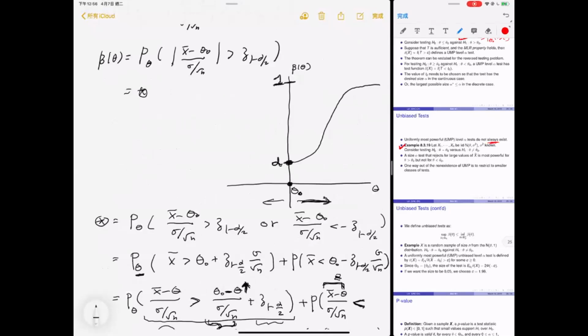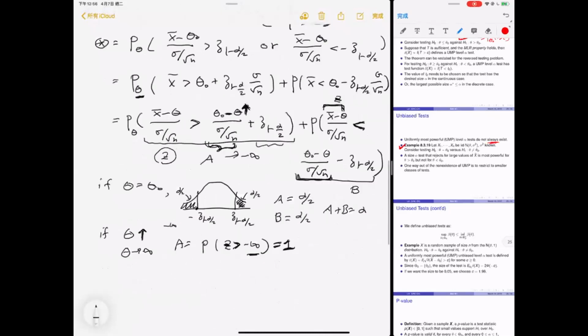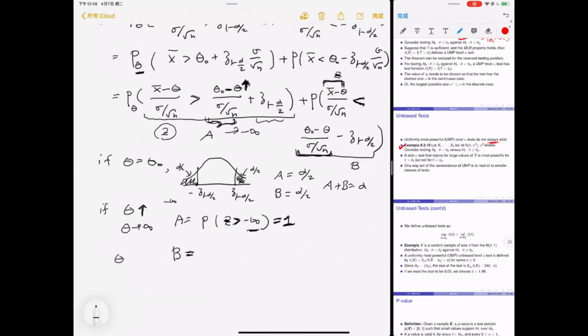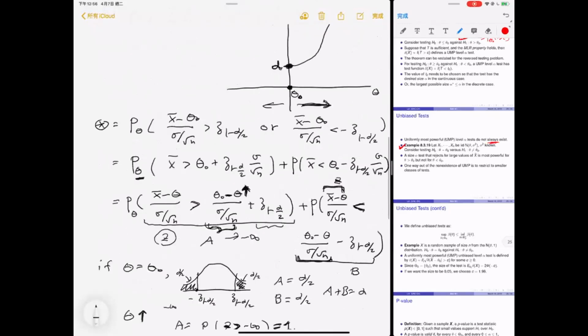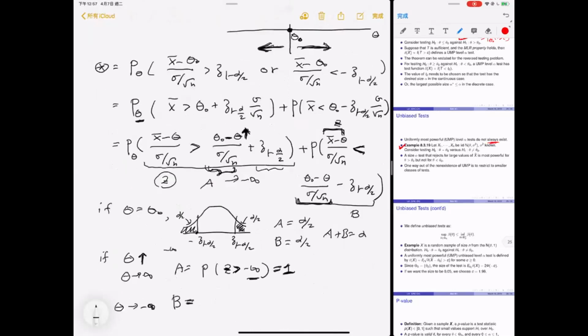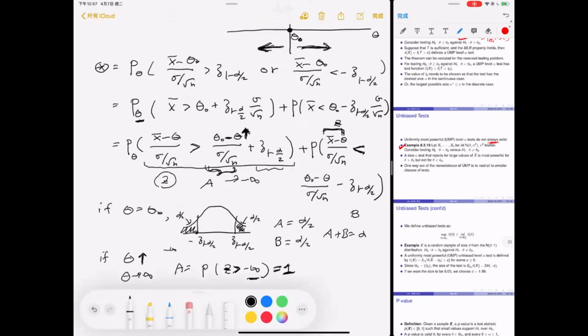How about the B part right here? Now theta is going to minus infinity. I'm looking for when theta goes to minus infinity. Let me take out another necessary notation. Imagine this is going to keep decreasing because it goes to minus infinity. Again, there's a minus term right here.